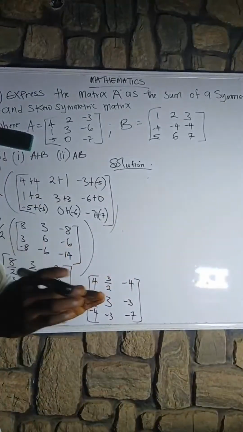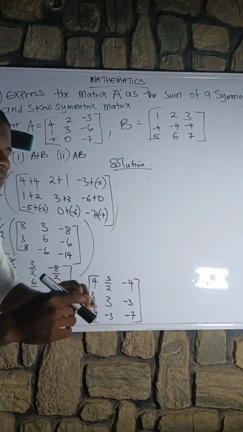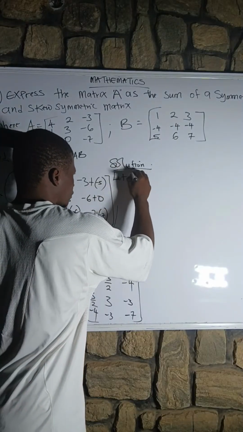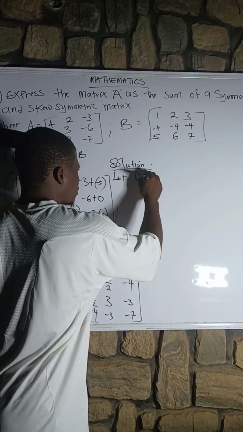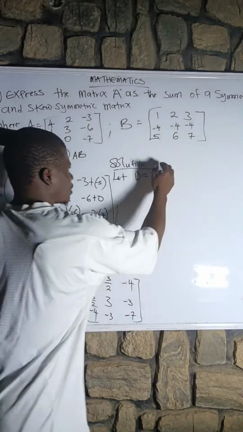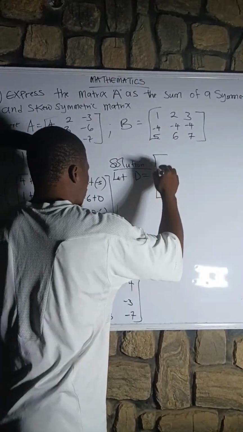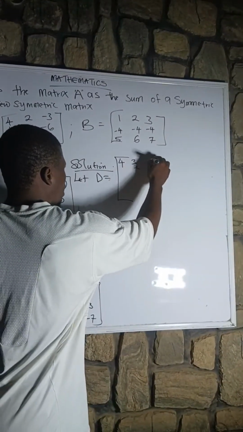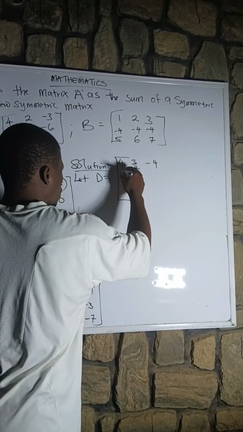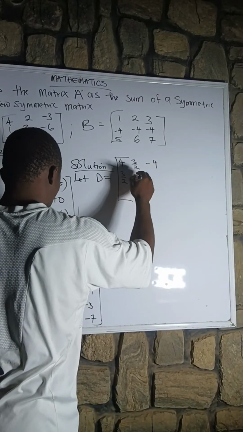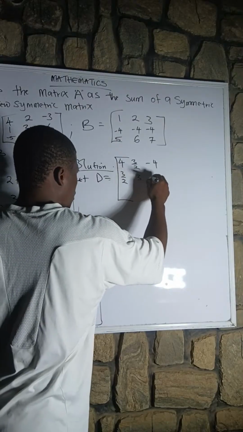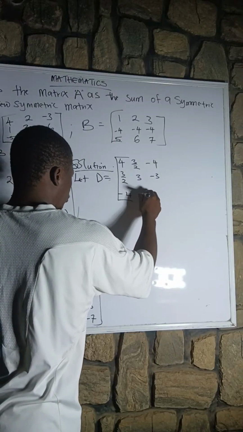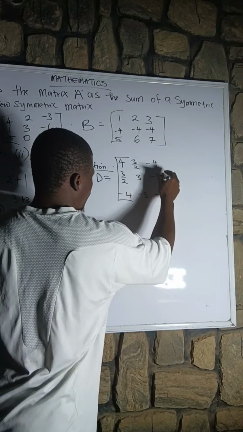So as for me, I'm going to name this matrix D. So you say let D be equal to this matrix: 4, 3 all over 2, minus 4, 3 all over 2, 3, minus 3, minus 4, minus 3, minus 7.